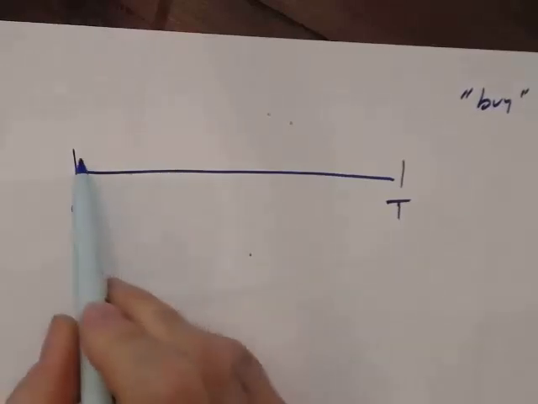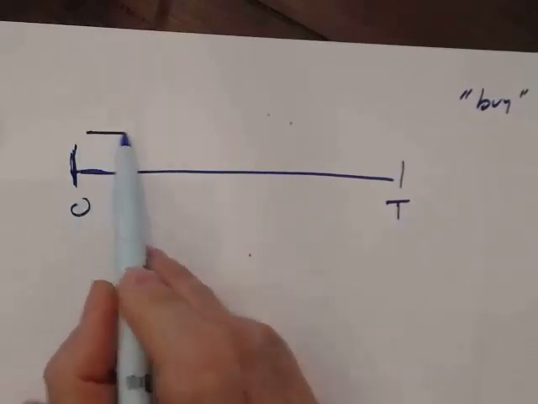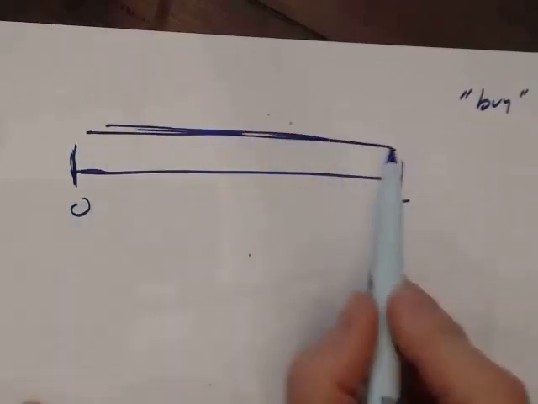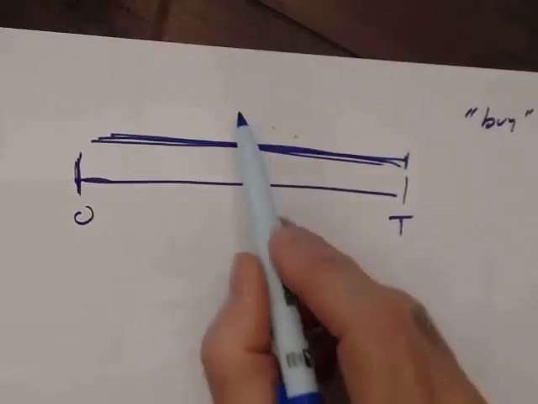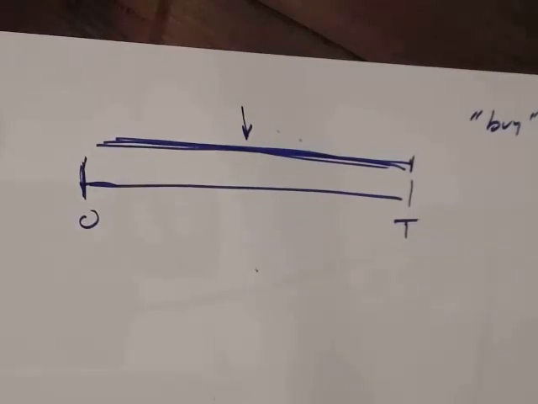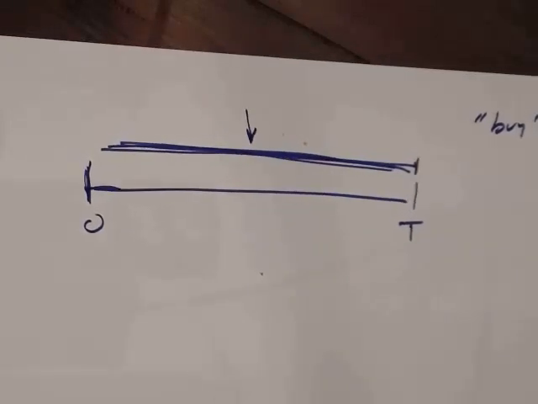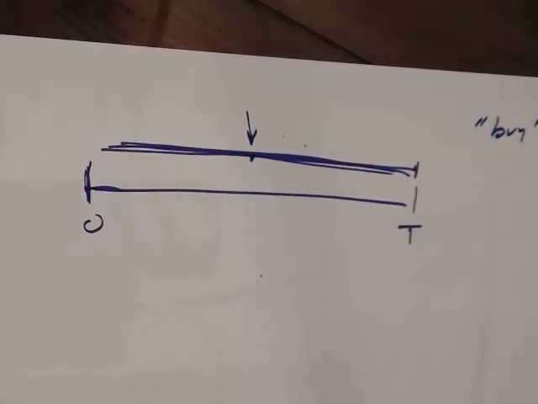Now, if it's an American option, you can exercise at any point up until expiration. And so if you exercise early an American futures call option, for example, you're going to flip into the futures contract right here. But when you enter into a futures contract, you don't have to pay anything.